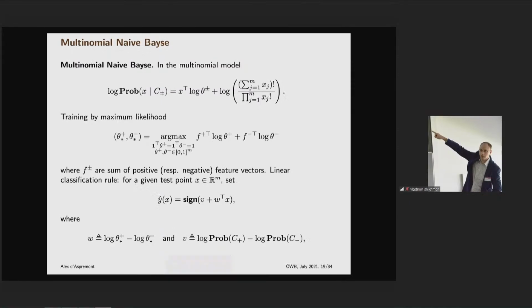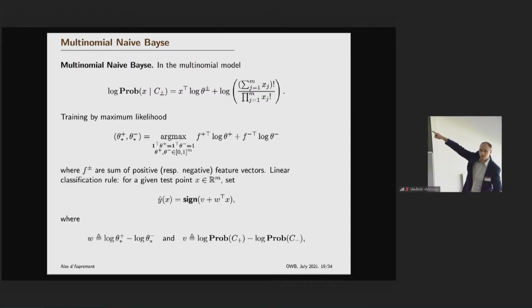What is less commonly known is that behind the solution there is a linear model that looks like this once you've computed the maximum likelihood solution, where the vector w is simply the difference of the logarithms of the probability vectors theta plus and theta minus, right? So if you want to perform feature selection in naive Bayes, it's totally direct.